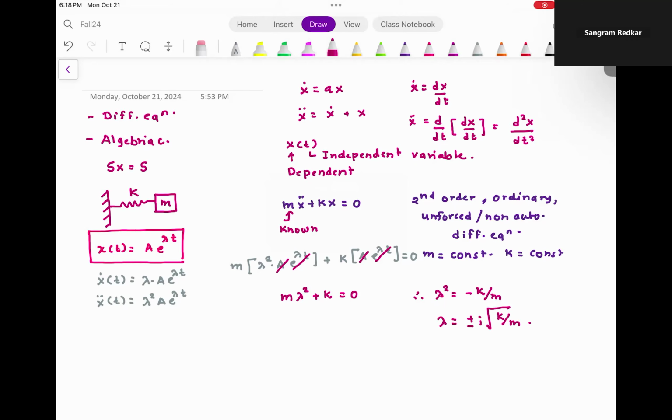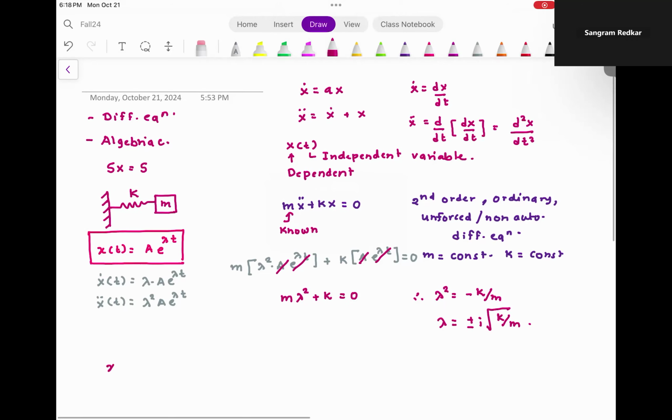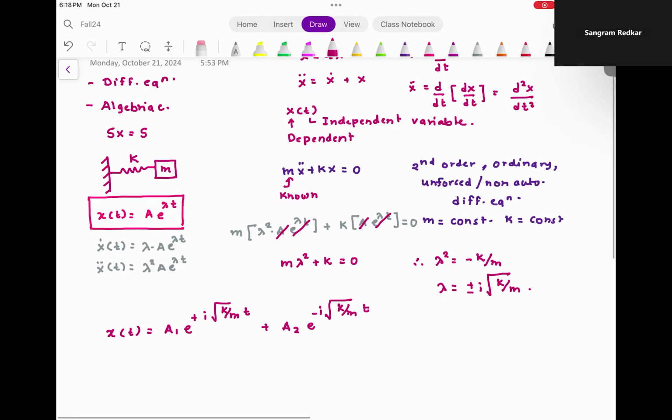If there are two values of lambda, my equation x of t would look like a1 e to the plus i square root of k by m times t plus a2 e to the minus i square root of k by m t, which means this is the solution of the differential equation.